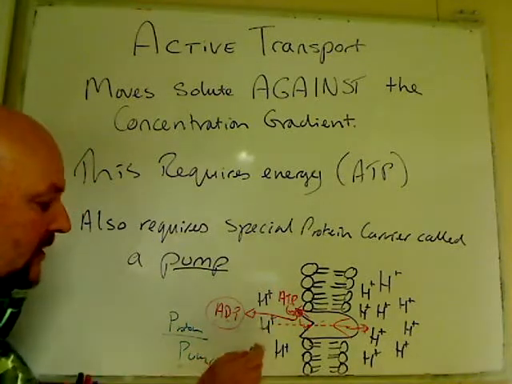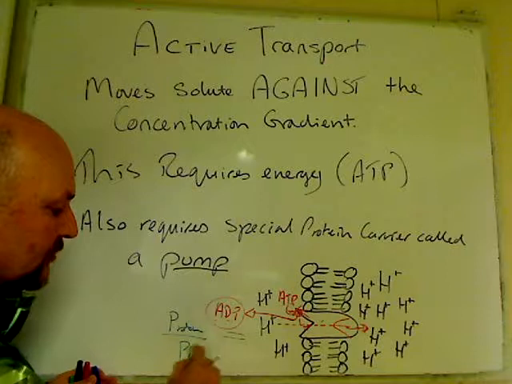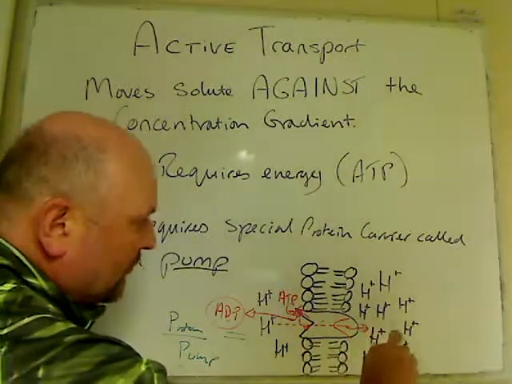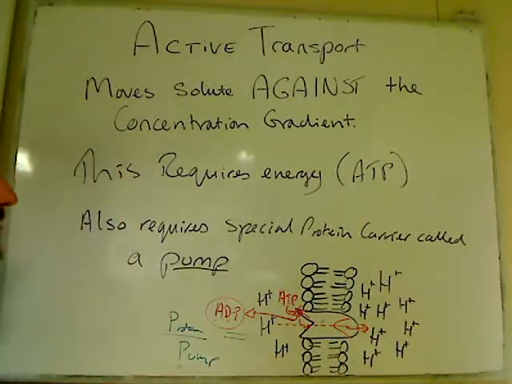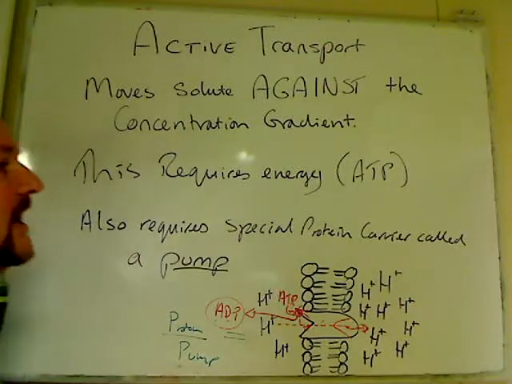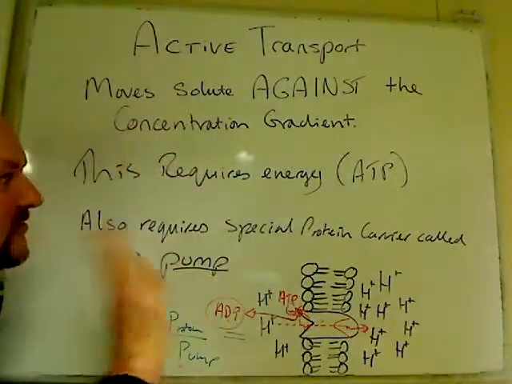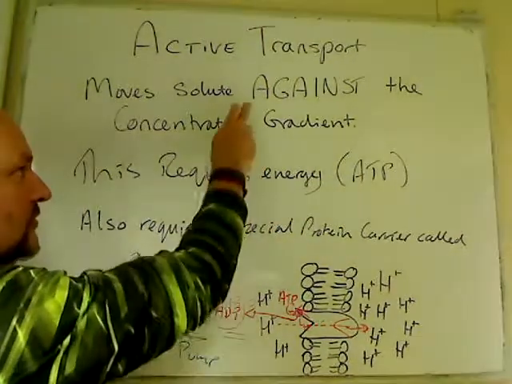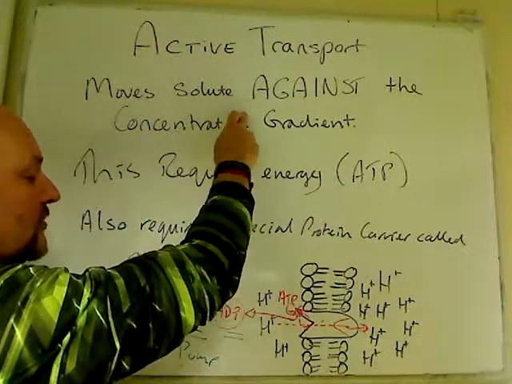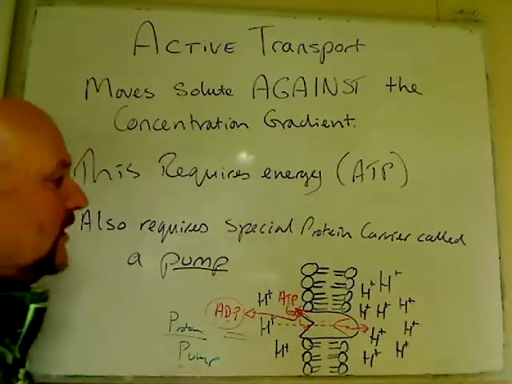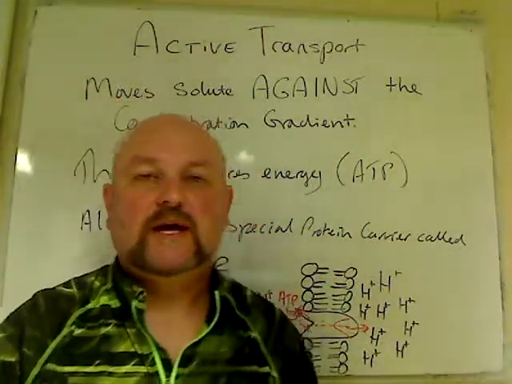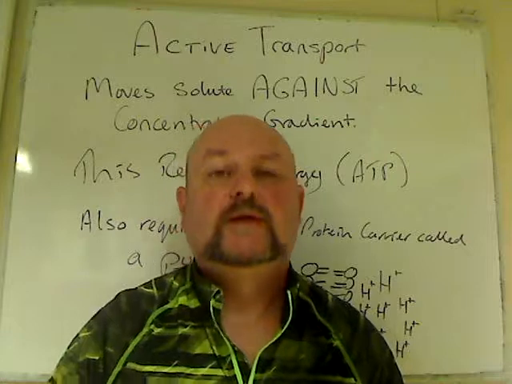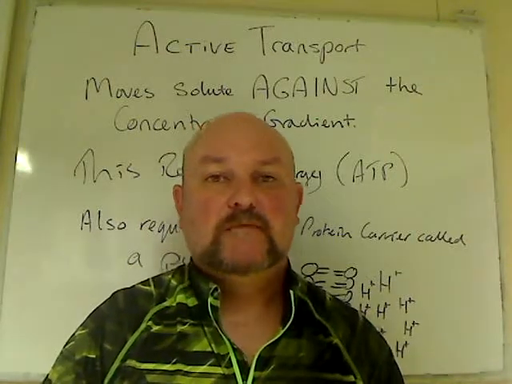It's pushing hydrogen ions, which are protons, and pumping them across into the higher concentration. So when you're thinking about active transport, you're thinking about 2 things really. Input of energy, going from low concentration to high concentration using a pump. So I think if you count that again, you'll find it would be 3. That's all I wanted to say about active transport.